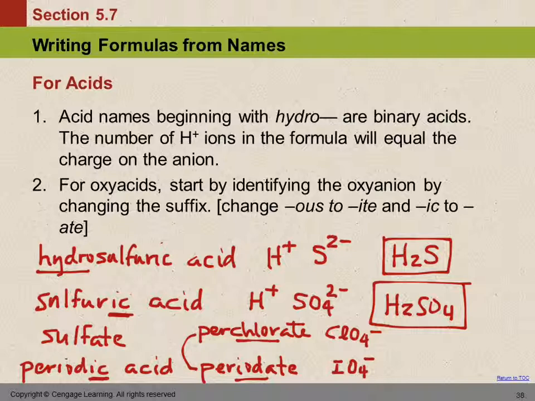And so there's our ion, IO4 minus, and we need an H plus. This is a -1 charge, so we're just going to have one of each. And periodic acid is HIO4. Any questions?